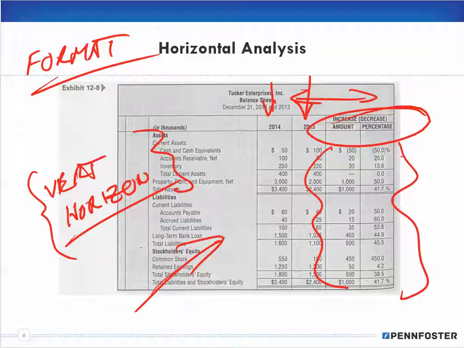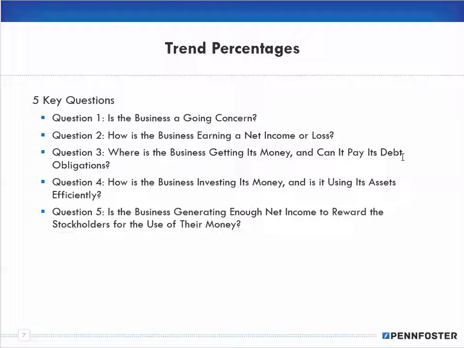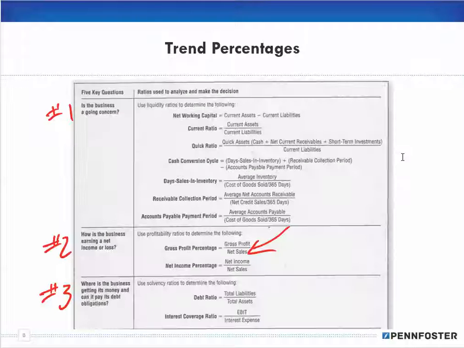Once you have those numbers generated, now you start looking at your trend percentages. You start calculating the different ratios that you need in order to answer specific key questions about the business. That's why this chapter is called Financial Statement Analysis.